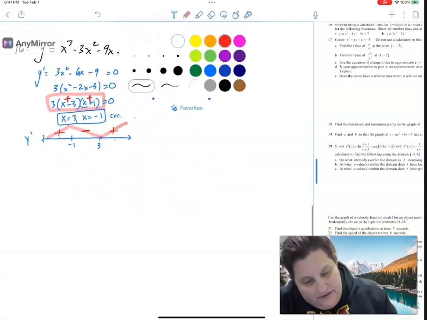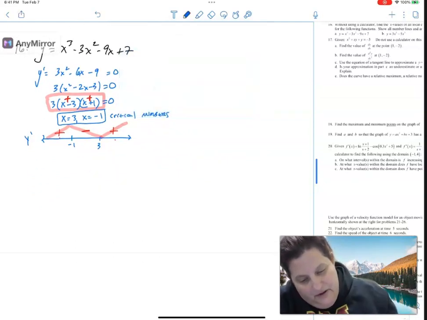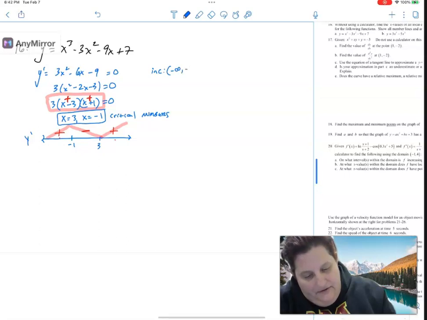So let me write this information up for this one. I am increasing on the interval negative infinity to negative 1, 3 to infinity. I'm decreasing on the interval negative 1 to 3. I have a relative max at negative 1 something, and I have a relative min at 3 something.